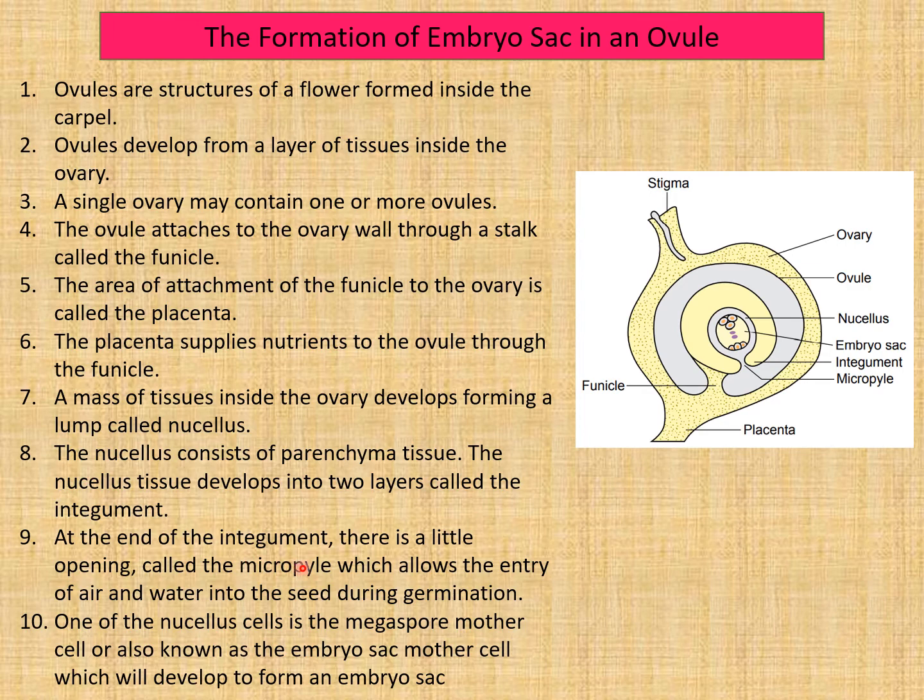At the end of the integuments, there is a little opening called the micropyle, which allows the entry of air and water into the seed during germination. And last, one of the nucellus cells is the megaspore mother cell, also known as the embryo sac mother cell, which will develop to form an embryo sac. Okay, this is the whole structure of the embryo sac in the ovule.